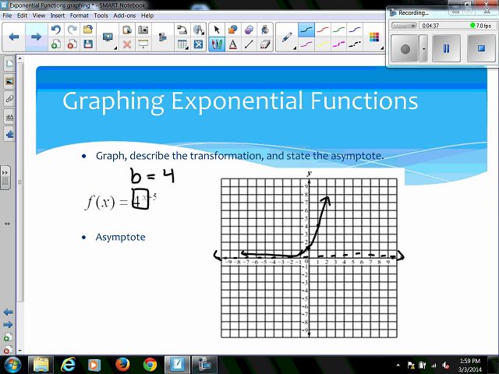Now, my transformation here is we have subtract 5. So that's going to be a horizontal shift right 5 units. So I'm going to move all my points right 5 units. Does this change the asymptote? No, it does not. So my asymptote is still y = 0.